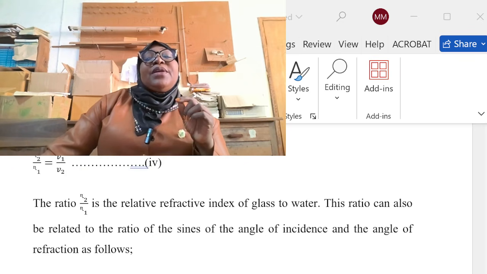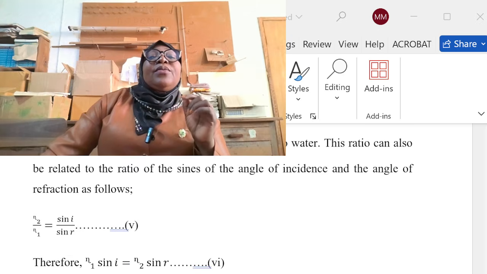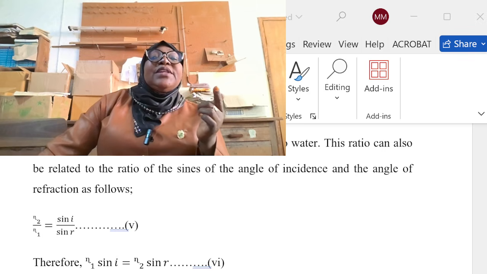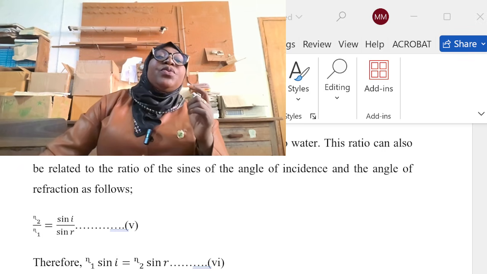The ratio can also be related to the ratio of the sines. So n2 divided by n1 can be equal to sin i over sin r.